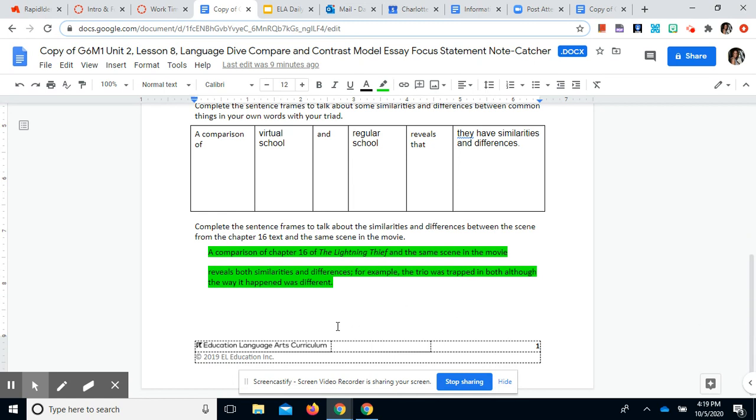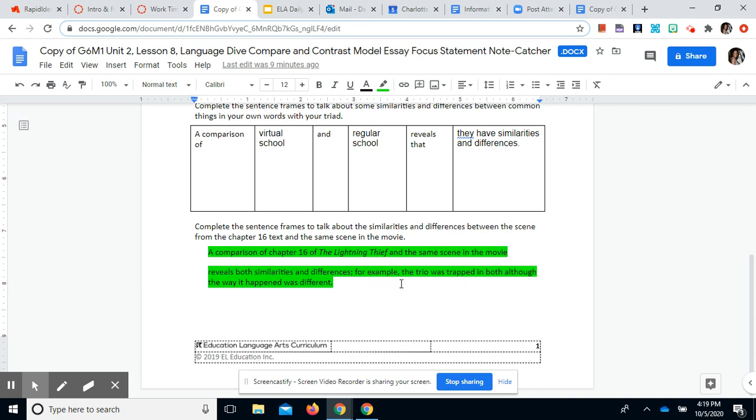We then spent some time creating a focus statement for your essay. So it's going to be very similar to the one in the model essay, except we are doing a comparison of chapter 16 of The Lightning Thief and the same scene in the movie reveals both similarities and differences. For example, the trio was trapped in both, although the way it happened was different.